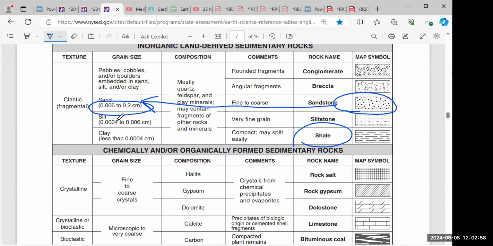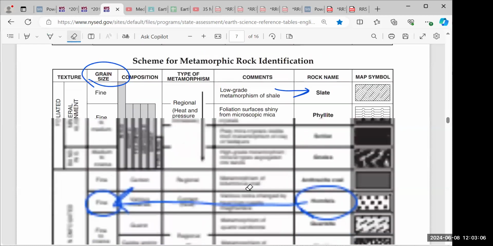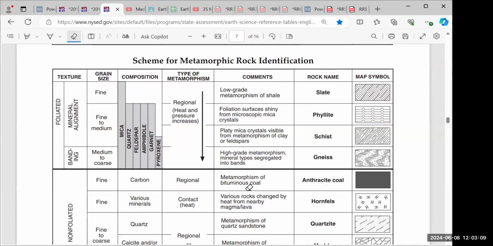So number 7, I look for phyllite, and when I scroll down, I'm looking at the characteristics of phyllite. So phyllite has a foliated texture.